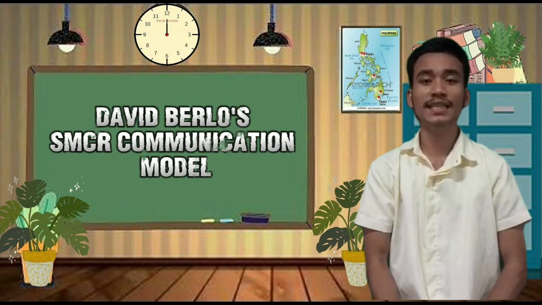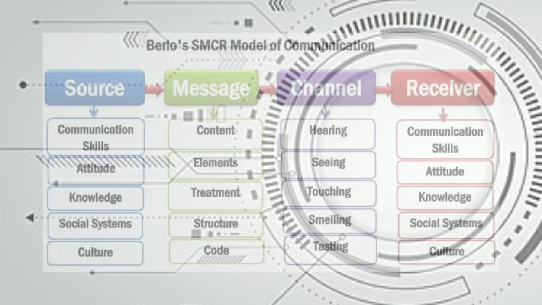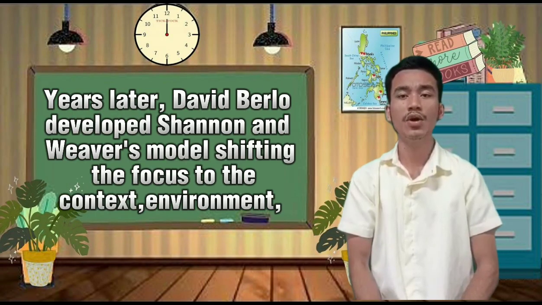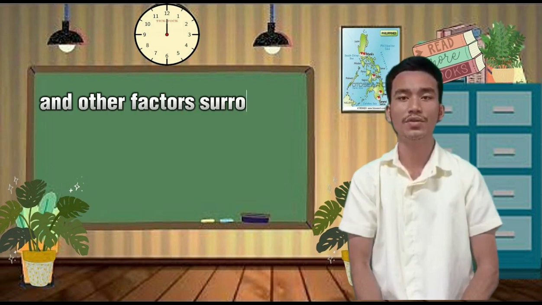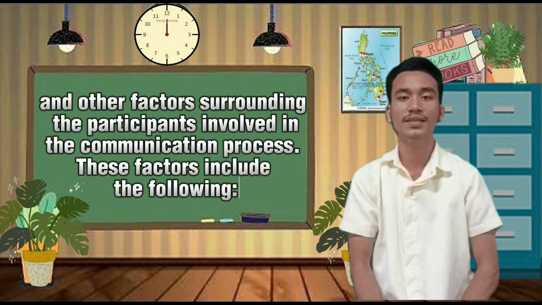David Berlo's SMCR communication model. Years later, David Berlo developed Shannon and Weaver's model, shifting the focus to the context, environment, and other factors surrounding the participants involved in the communication process.